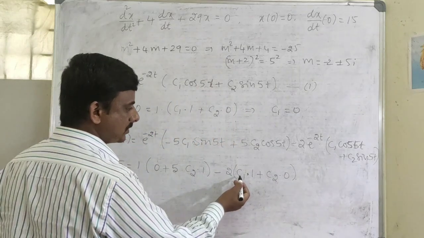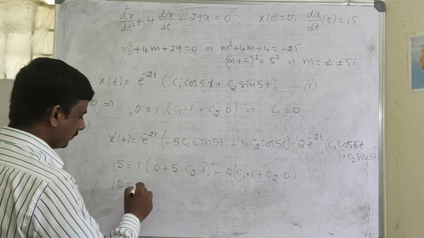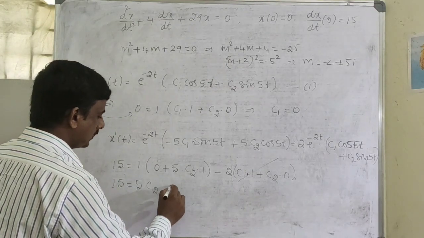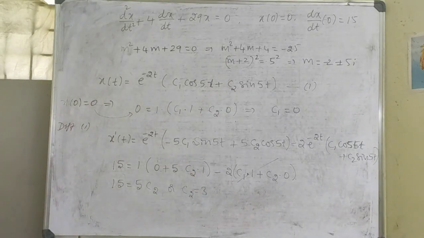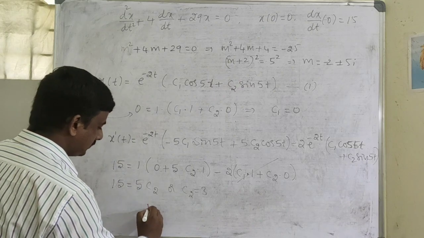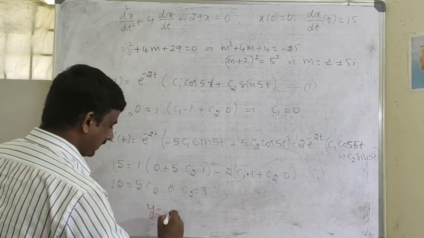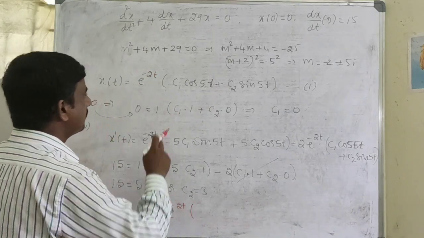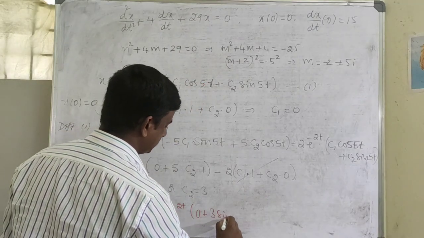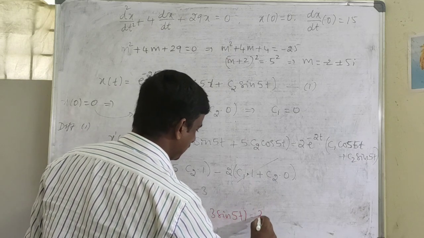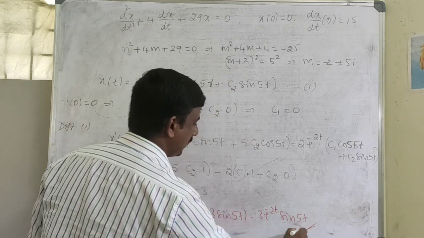But we know that c1 is also 0, so all this term will be 0. So 15 equal to 5c2, or c2 equal to 3. Therefore, the required solution is x equal to e power minus 2t into c1 which is 0, plus 3 sin 5t. So 3 e power minus 2t sin 5t. That is the required solution.